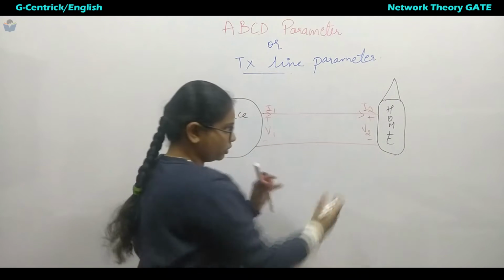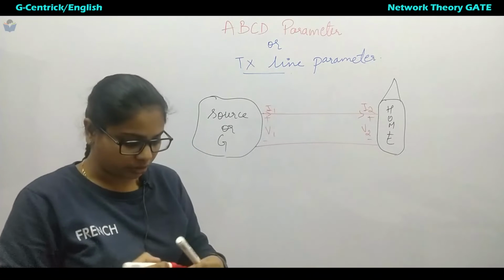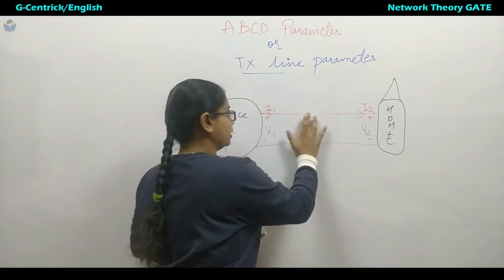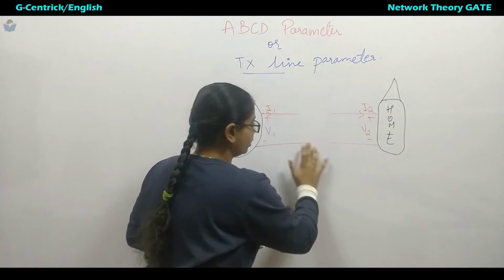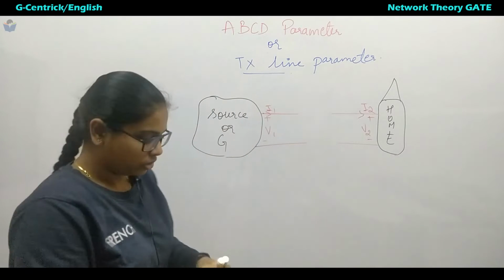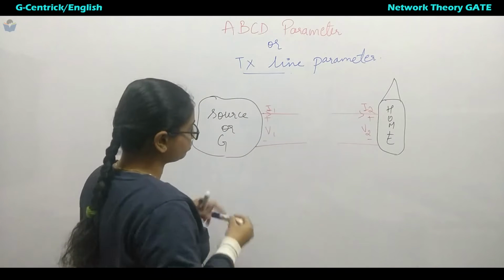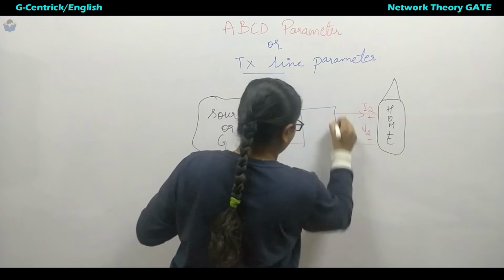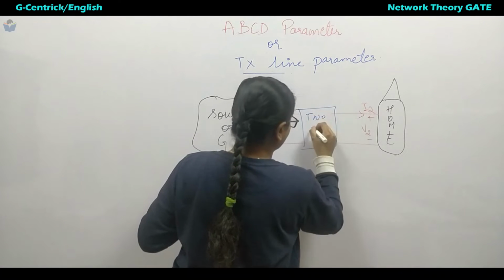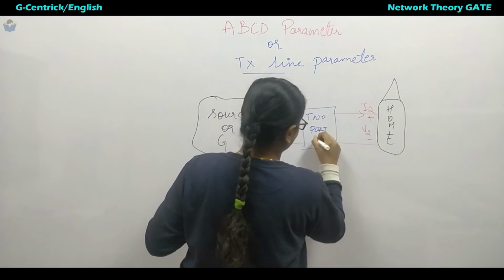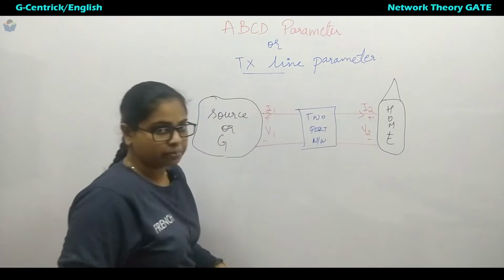So now in between these two there will be a two-port network, which will be designed by the two-port or ABCD parameters. So we will draw here the two-port network. First it was called a two-port network, now we will call it ABCD parameters.